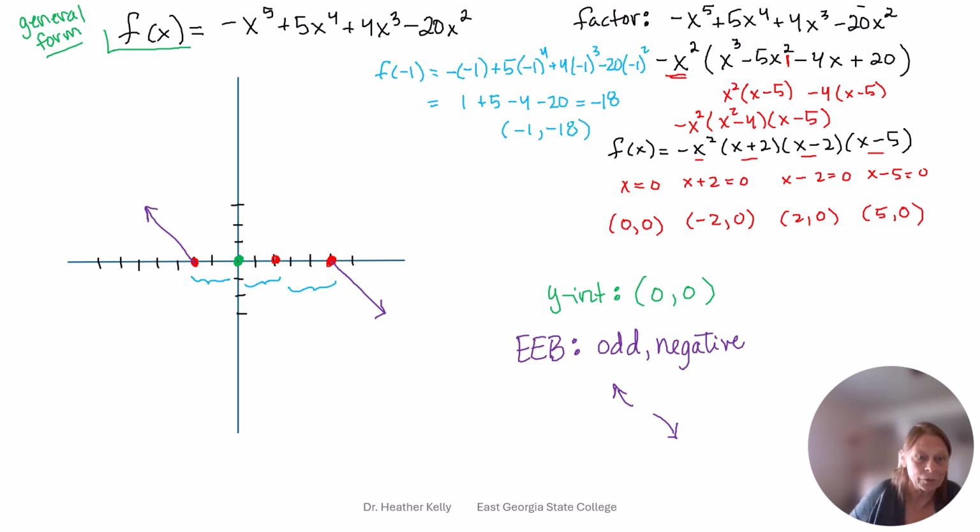So let's just put it in here. So we can put these together. It wouldn't look quite that thin. It would look a lot nicer, but I'm just not going to mess around with it here. Let's do f of 1. Plugging in 1, we'll have -1 plus 5 plus 4 minus 20.